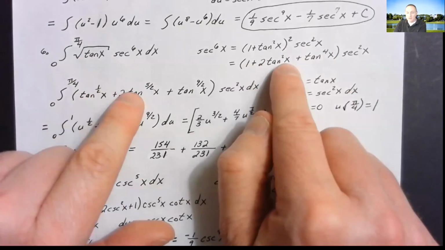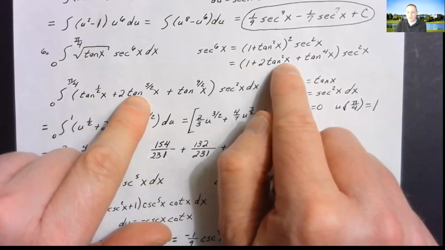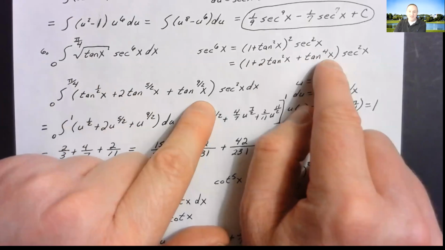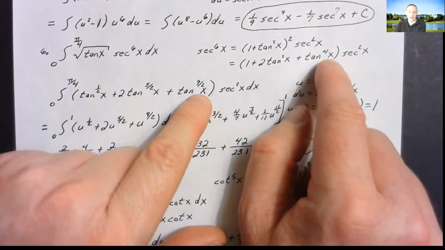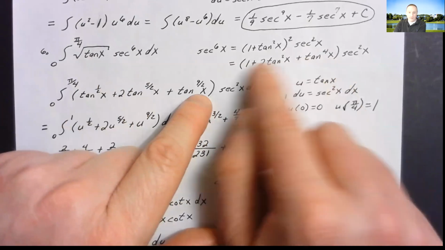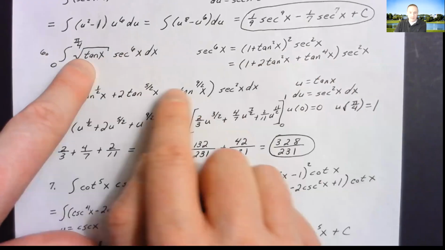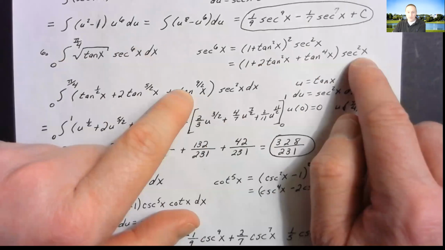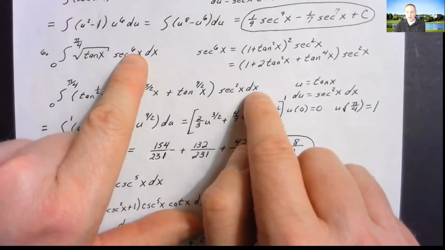When I multiply it into the second part, it's going to give me 2 tangent to the 5/2 power. And into the third, it's going to give me tangent to the 4.5, or I should say 9/2 power of x. So this is just taking this, multiplying by the square root of tangent to get to that. Now, I have my remaining secant squared that I've had since the beginning still left there with a dx.